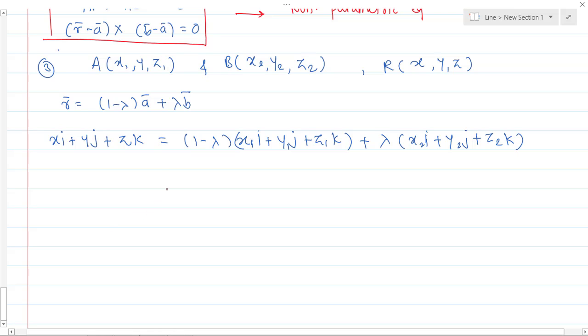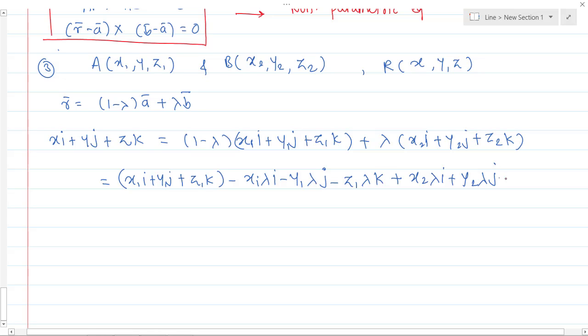Okay, now let's open the brackets. So what you will get, 1 into this whole bracket, so it is x1i plus y1j plus z1k minus x1 lambda i minus y1 lambda j minus z1 lambda k plus x2 lambda i, okay, plus y2 lambda j plus z2 lambda k.